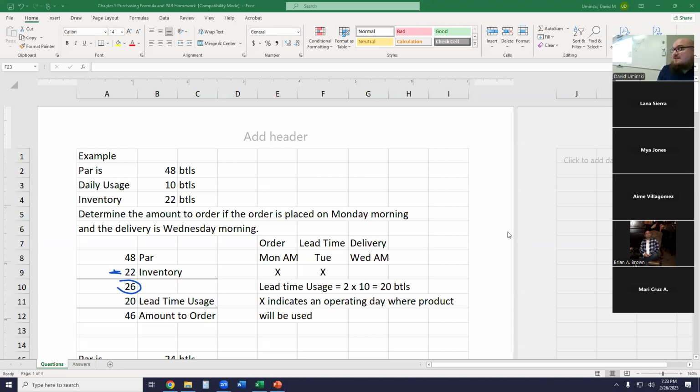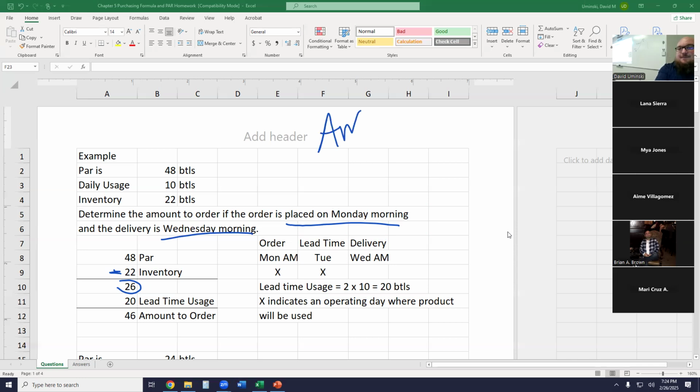Now that's perfect if I'm going to order and it's going to be delivered the very next day. That's not always the case. So now we're going to look and see, based on our information, our order is placed on Monday morning and our delivery is Wednesday morning. This is very important.